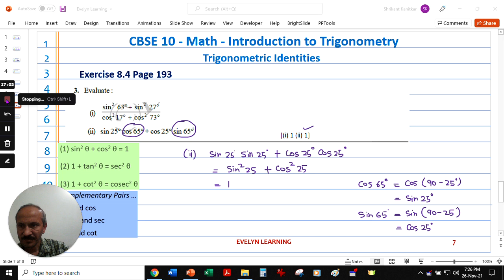So my expression now reads sin 25 into sin 25, which is sin square 25, plus cos 25 into cos 25, which is cos square 25. And again from our Pythagorean identity, sin square theta plus cos square theta is equal to 1. So the answer to the second part is also 1.